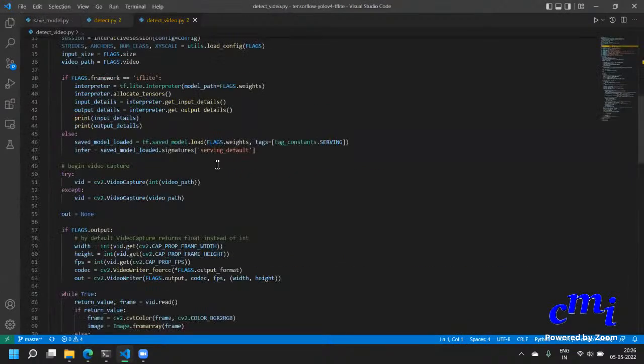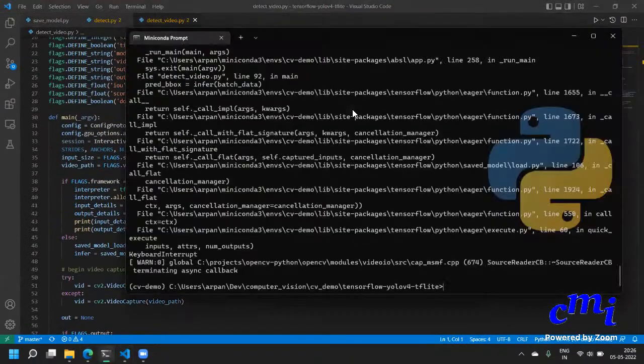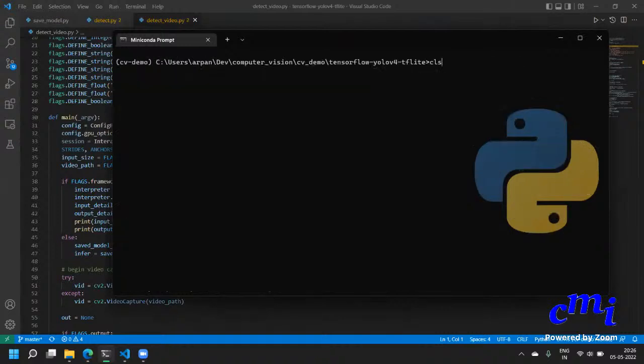So basically we have written a code. What it does is basically, just let me clear my screen. Yeah. So what it does is basically take the video input from the webcam, and then run our model on it.